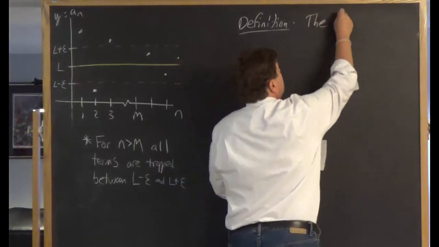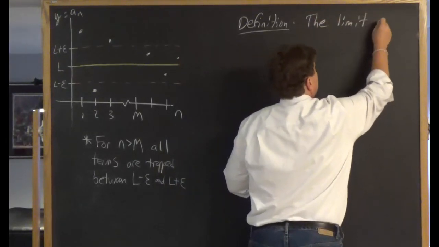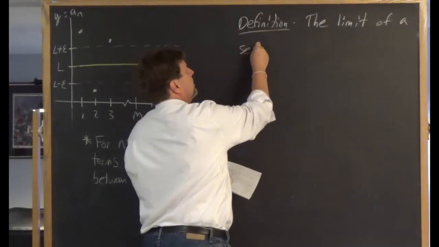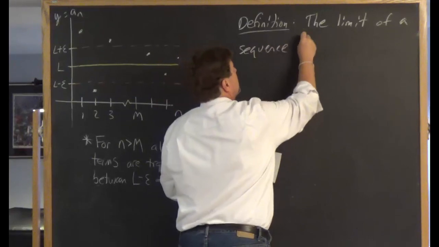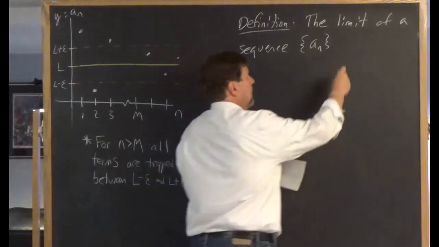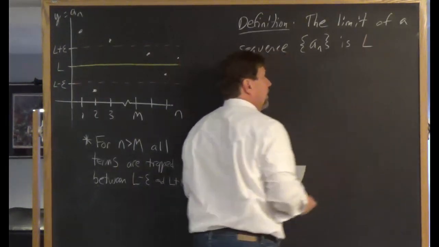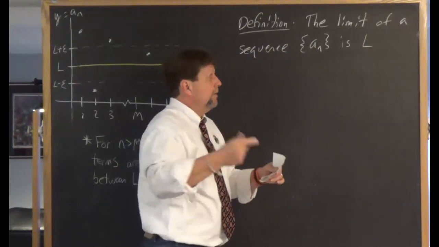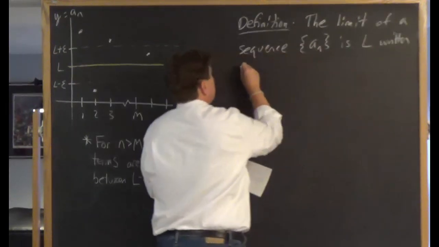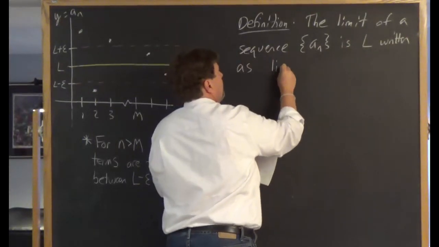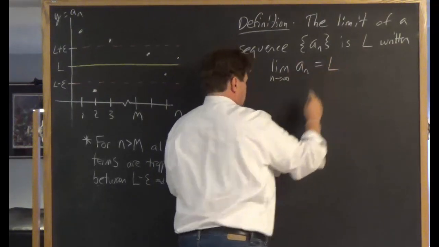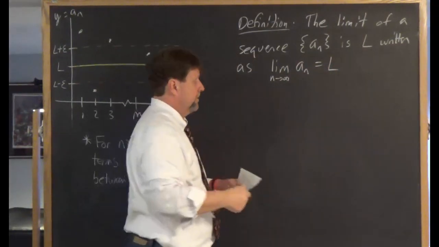So we're going to say that the limit of a sequence a sub n, that limit is L. And we can write it as the limit as n goes to infinity of a sub n equals L. So we can write it like that.